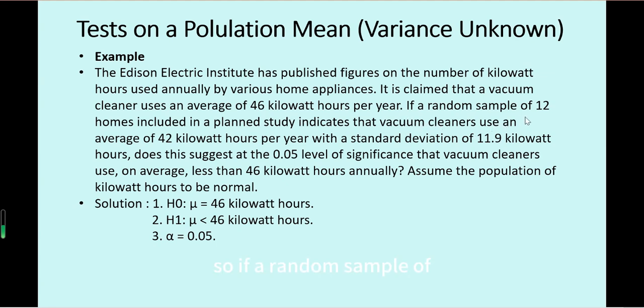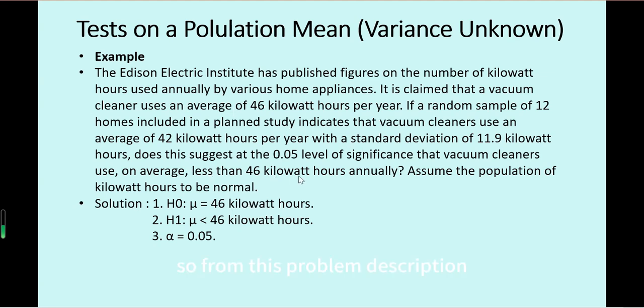A random sample of 12 homes included in a planned study indicates that vacuum cleaners use an average of 42 kilowatt hours per year, with a standard deviation of 11.9 kilowatt hours. Does this suggest at the 0.05 level of significance that vacuum cleaners use on average less than 46 kilowatt hours annually? Assume the population of kilowatt hours to be normal.